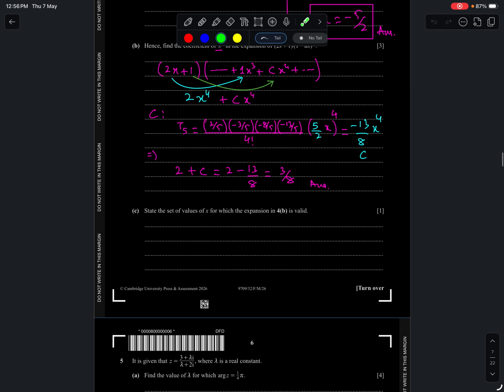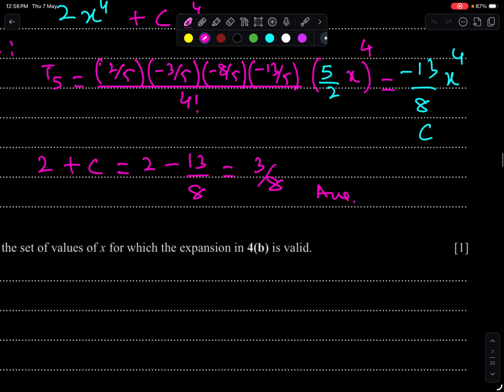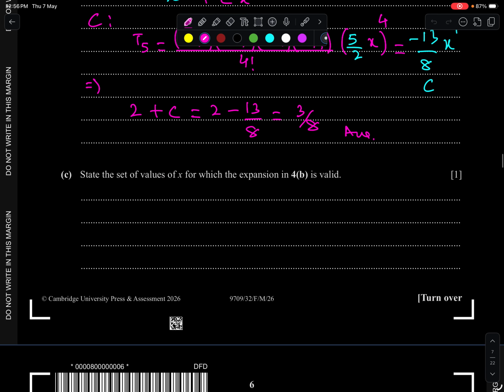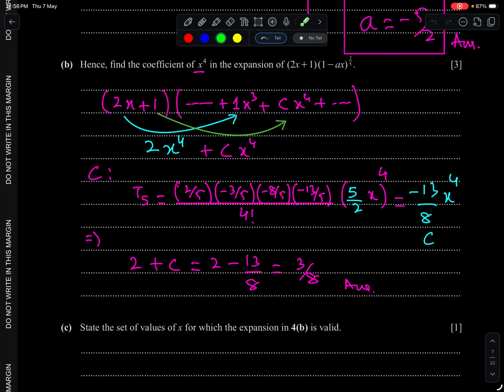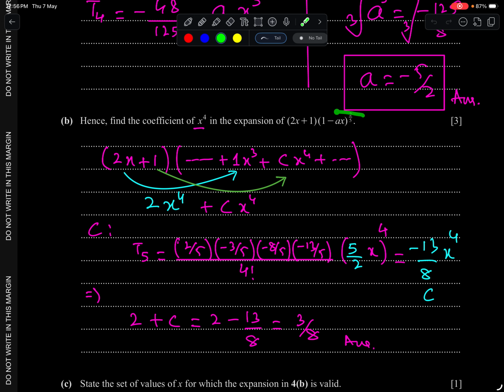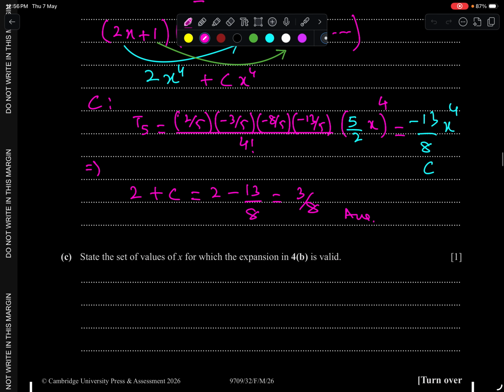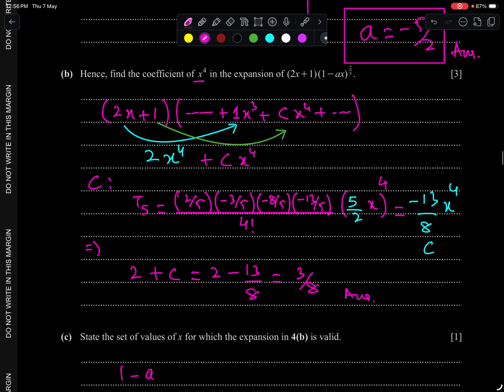Now the last part of this question. State the set of values of x for which the expansion in 4b is valid. So take this expansion, this one. For this part we need power expansions.